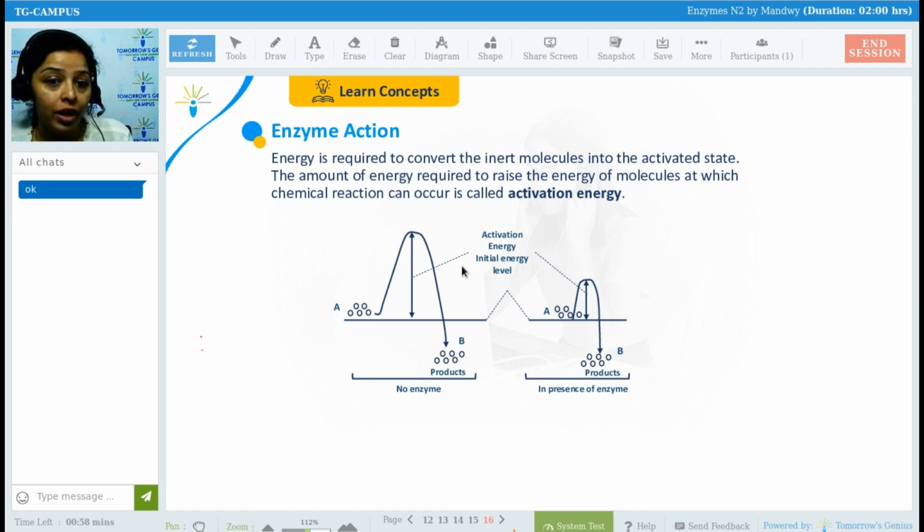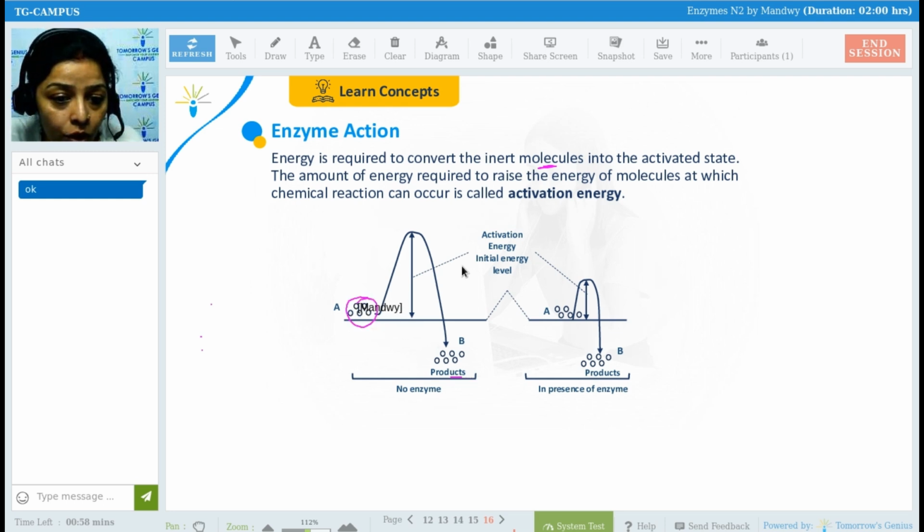So activation energy is the minimum amount of extra energy which is required by the reactant to perform the reaction and get converted into a product. And this minimum extra energy is the activation energy. So this energy actually helps to convert the reactant or molecule into the product.